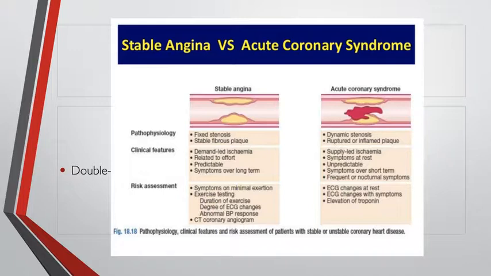Basically with stable angina, your patient complains of chest discomfort, and it should be chest discomfort like what they felt before. Usually occurs with moderate to prolonged exertion, and it's in a pattern that's familiar to the patient. The symptoms, the duration, the intensity stays the same.